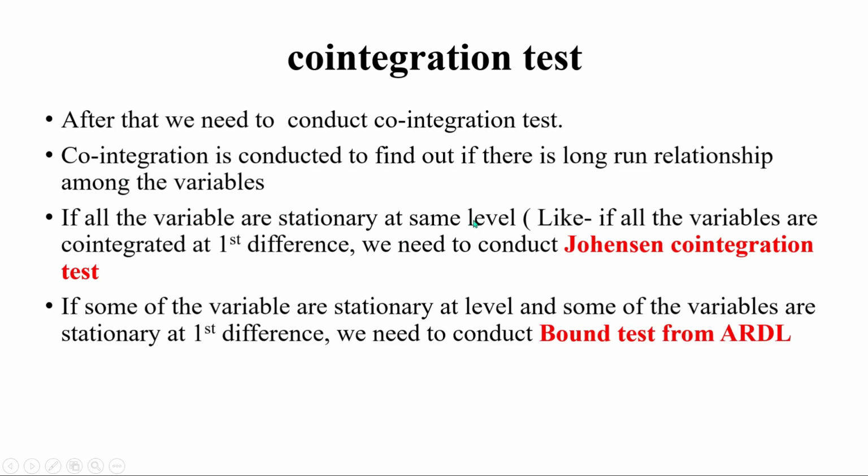If all variables are stationary at the same level, that means if all variables are stationary at first difference, or if all variables are stationary at level, then we need to conduct the Johansen Cointegration test. But what if some variables are stationary at first difference and some variables are stationary at level? In that case you need to conduct the bound test from ARDL. First of all I will show you the Johansen Cointegration test.